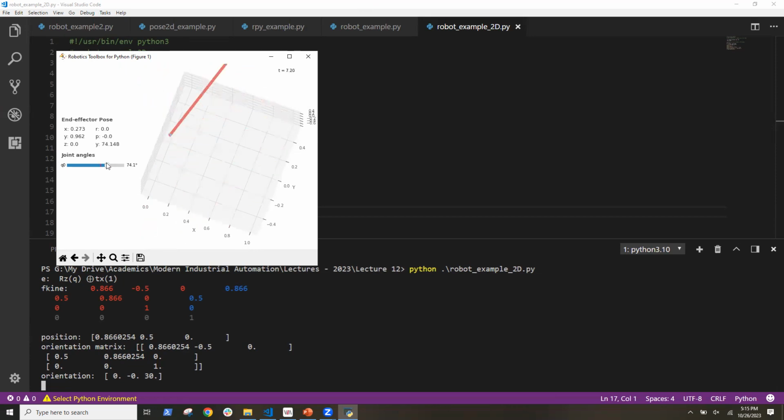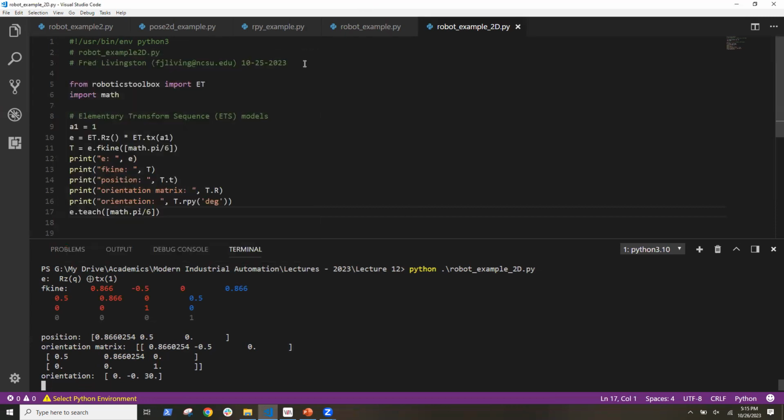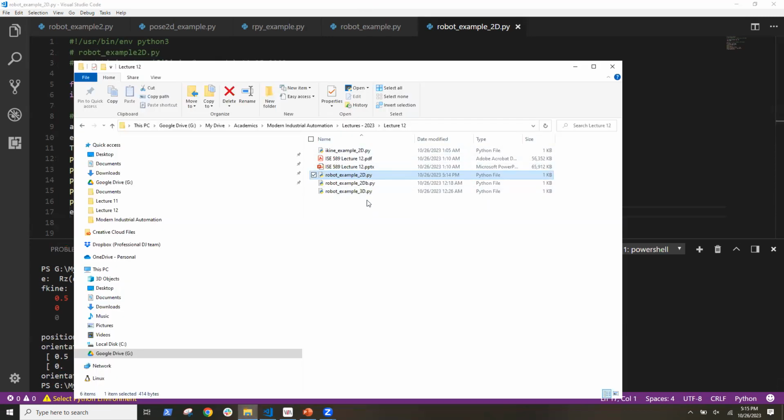So given 74 degrees, my robot is located at this XYZ location. And so a 1 degree of freedom robot is not very useful. It's just going to draw circles. So let's move to a higher degree of freedom system, which is this one here.